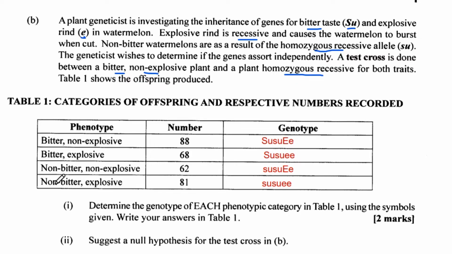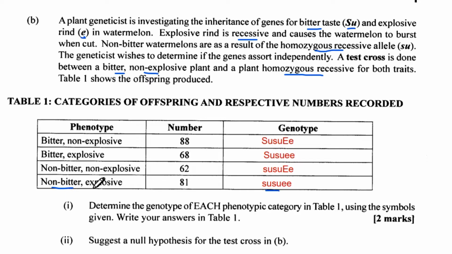Now they said that bitter taste is dominant, right? So the bitter taste would have the capital S in it. Explosive, they said, is recessive, right? Now non-bitter watermelons are a result of the homozygous recessive allele, lowercase su. So for something to be non-bitter, it would have 2 lowercase su.